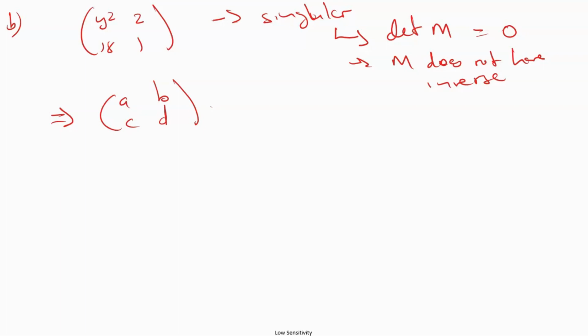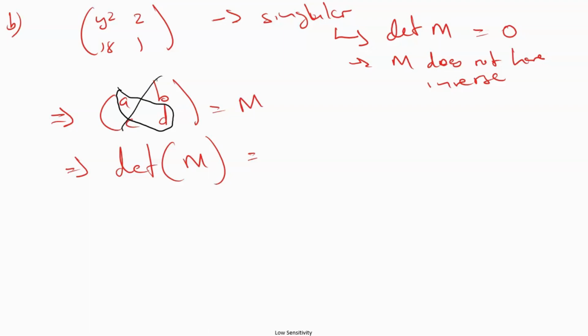We also know that the determinant of M is going to be: we multiply these, and then subtract the multiplication of these as well.